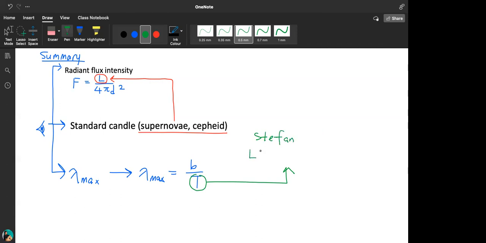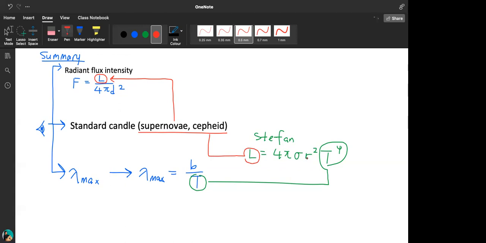You have luminosity is 4 pi sigma, the Stefan-Boltzmann constant, and then R squared T to the 4. So we can relate to this one here. And again, the luminosity you can also relate to the standard candle, this one. And from the Stefan-Boltzmann, we can get the R, the radius of the star.